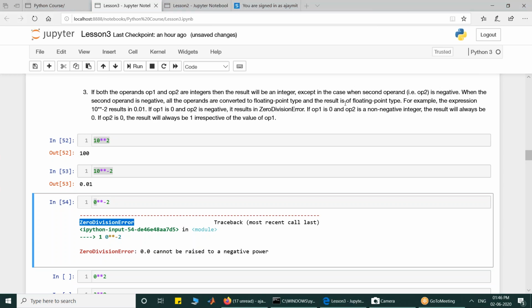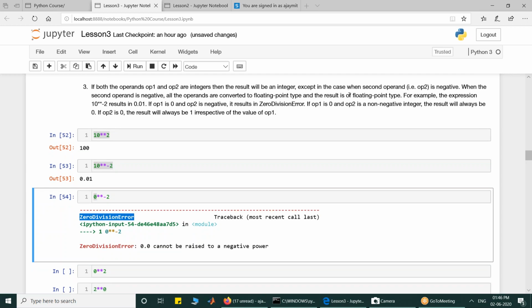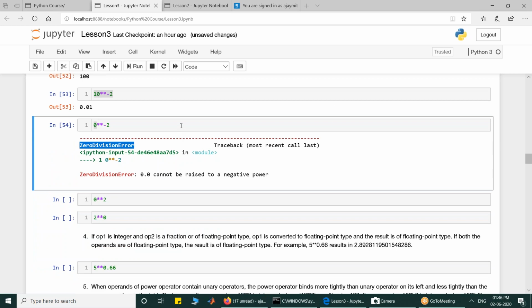You cannot divide any number by 0, that results in an exception, and the name of that exception is zero division error. So when the first operand is 0 and the second operand of the power operator is negative, you are going to get zero division error.